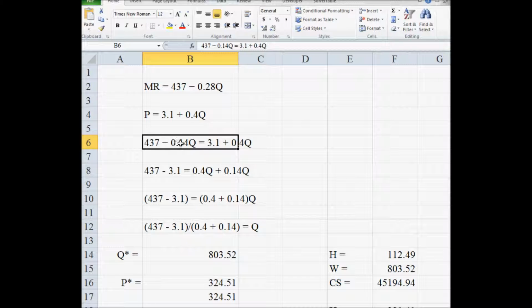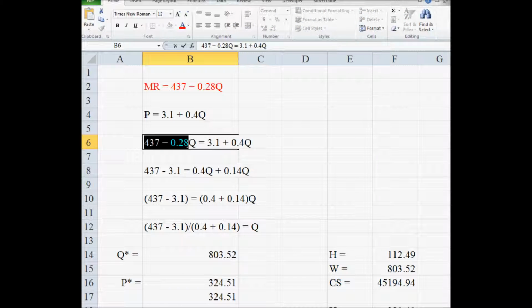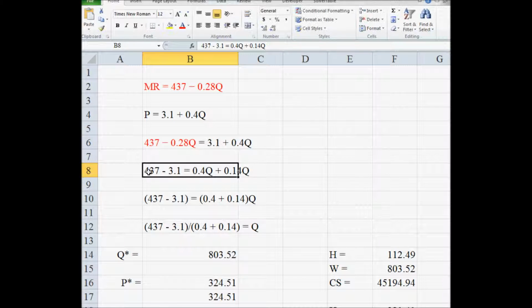So minus 0.28. Maybe I'll make that red to have it stand out. That's marginal revenue right there. Change that to 0.28.